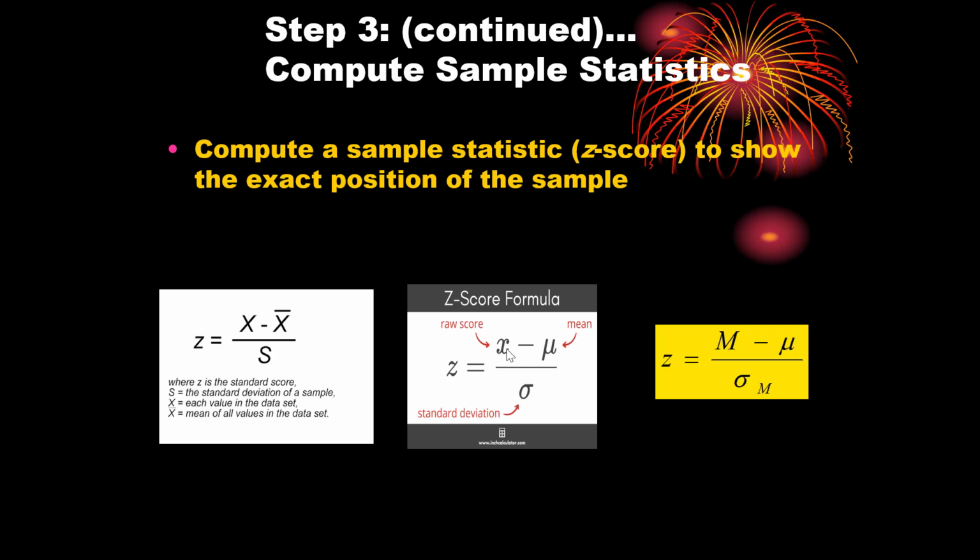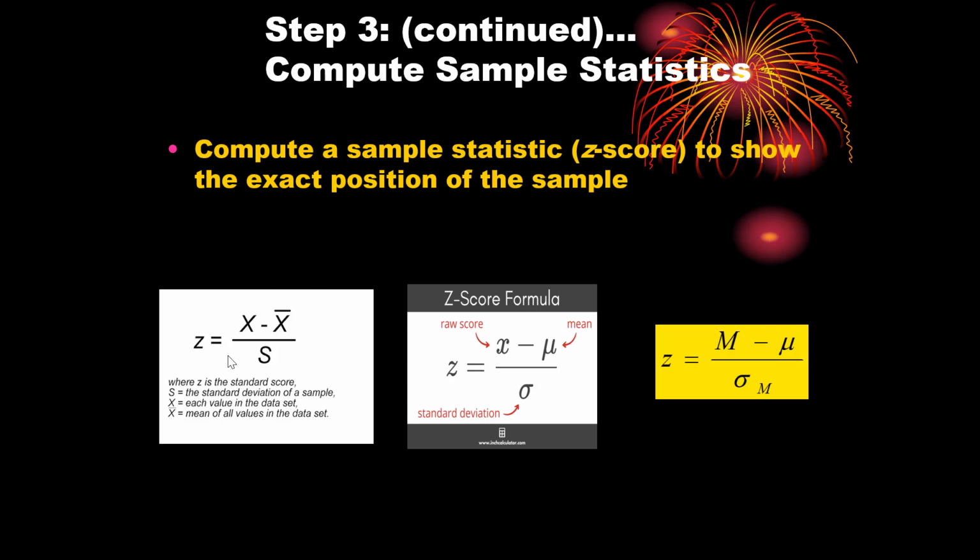So if we were outside of the example we're talking about, if we were to use this z-score formula, we could determine where a raw score falls standard deviation wise within a distribution of raw scores. This is specifically to be used when you have a raw score that is coming from a population, because these Greek symbols represent populations.